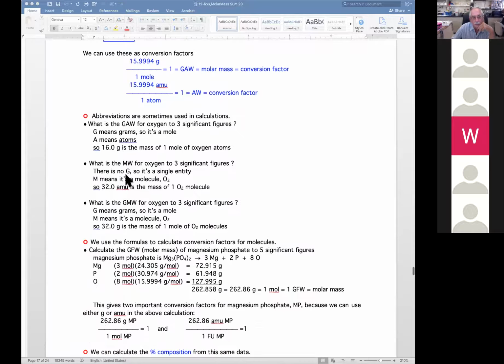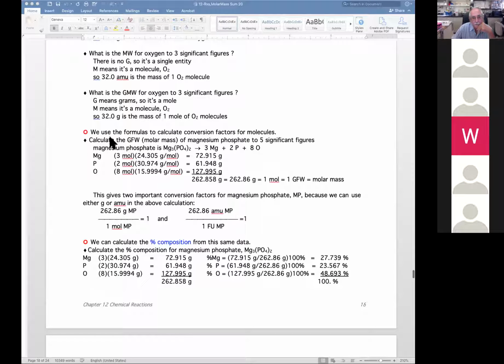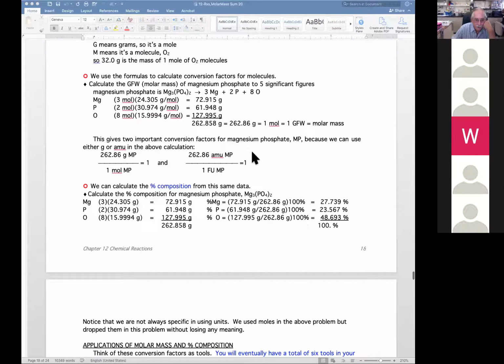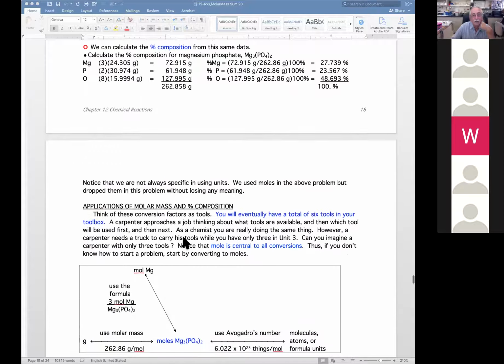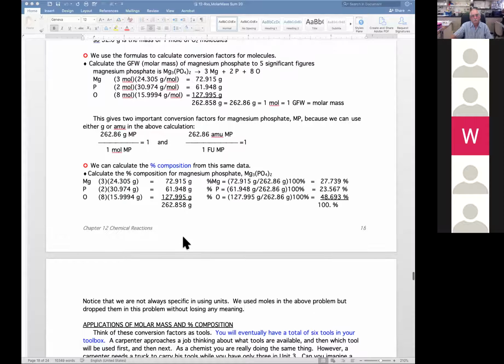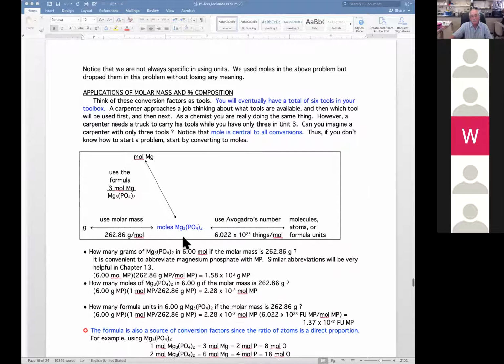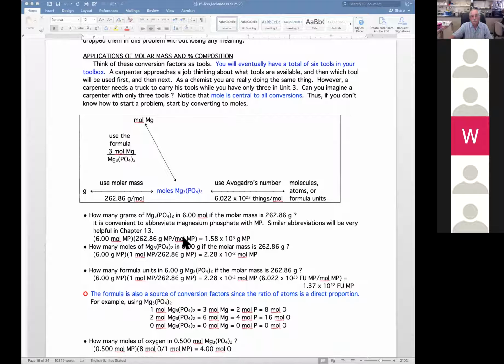So here's some examples of that. There guaranteed will be a question on this. Guaranteed there will be a question like that. And those are just kind of simple. They're not really necessarily conversion factors. They're just getting the data, right? Getting the numbers. Then they become conversion factors when you do problems.